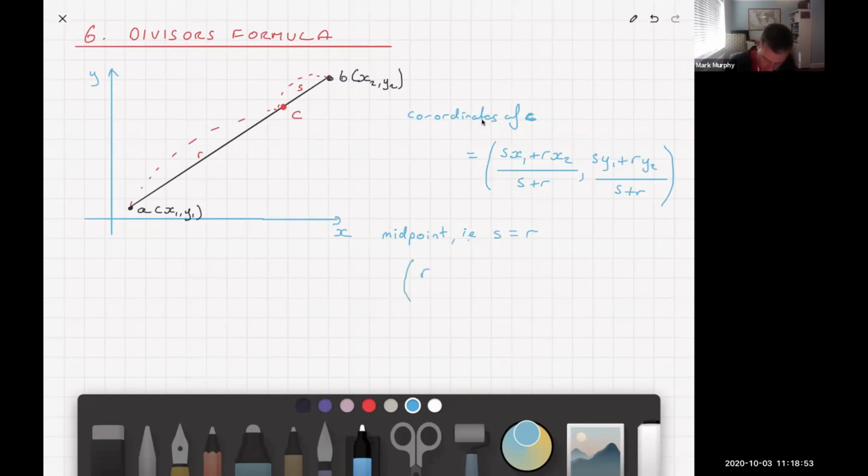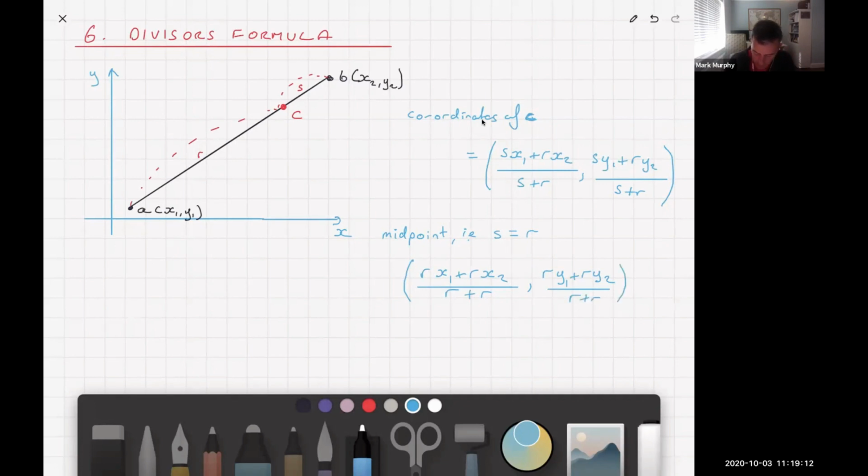So that becomes R times x1 plus R times x2 all over R plus R. You can see what's going to happen here. And then it's R y1 plus R y2 all over R plus R.